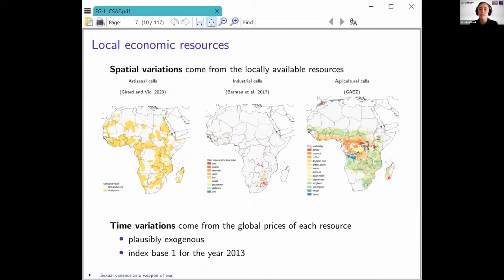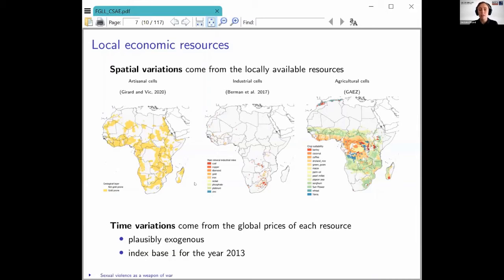And for each of these spatial sources of variation, we then attribute variation in the global prices of each resource. So over the red cells here, you will have the international price for barley, while in the case of artisanal mines, you will have the international price of gold. It is a source of exogenous time variation.